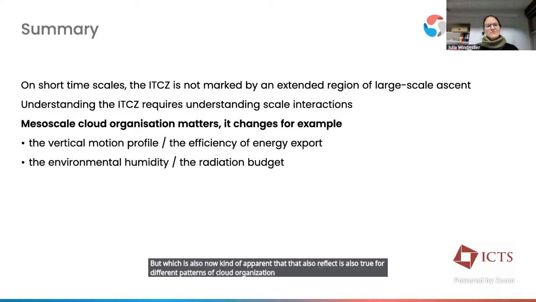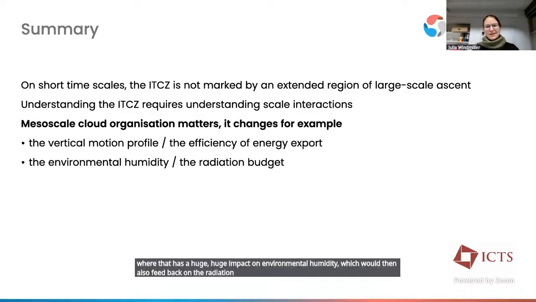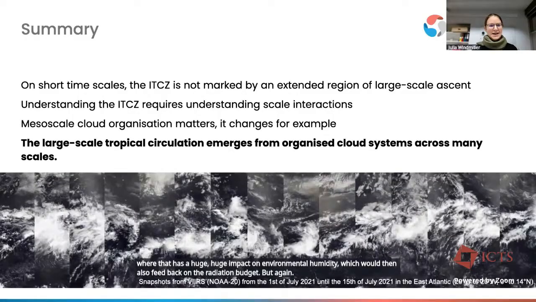And that, of course, impacts the mean vertical motion profile, which could then feed back on the efficiency of energy export. And another classic example is self-aggregation, which has a huge impact on environmental humidity, which would then also feed back on the radiation budget. But again, how relevant this is for longer timescales is unclear.